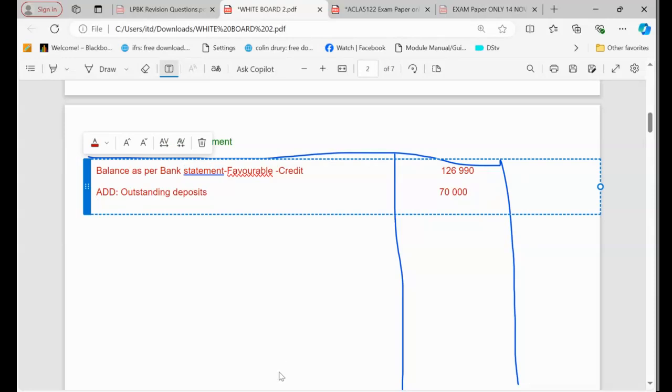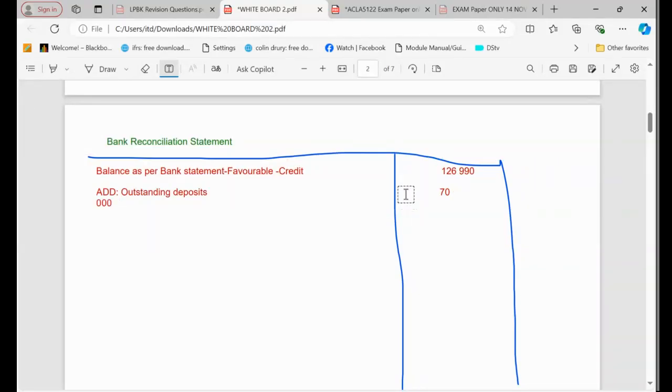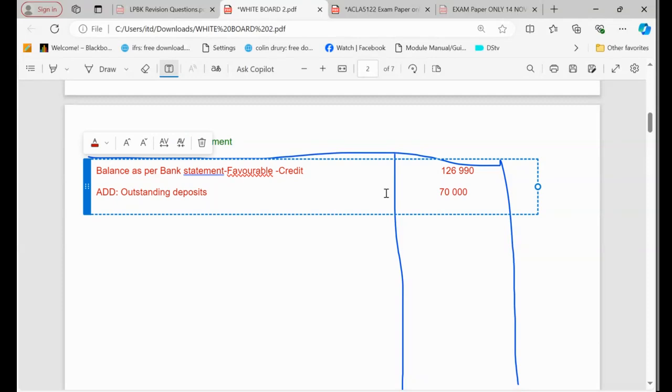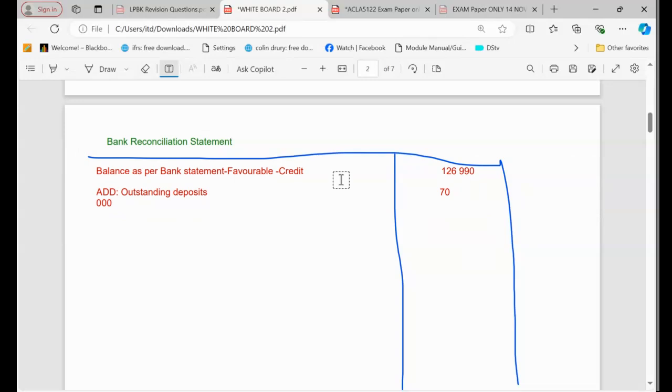Now we must go. Oh, you can see there's something that we need to learn so that we can know in future why it is doing this.